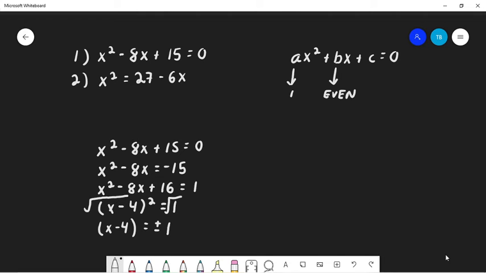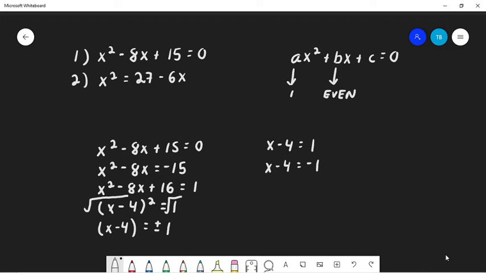Now, what we can do here in order to solve for x is set up two different equations, namely x minus 4 is equal to 1, and x minus 4 is equal to negative 1. And then we can just solve for x in both of these equations.